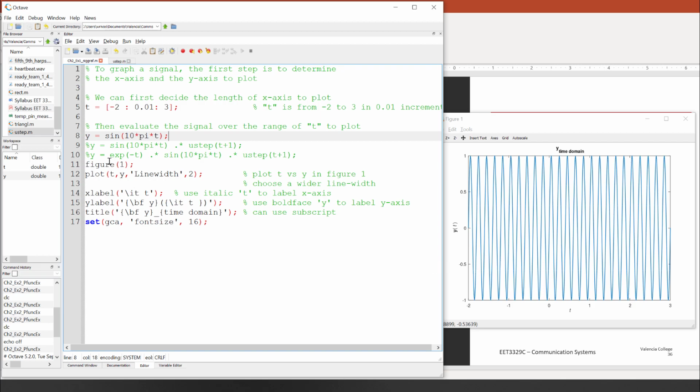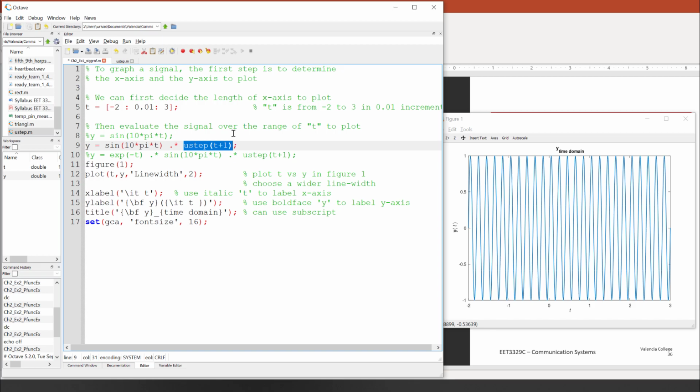Now, the next step is I am going to take the sinusoid that I created and multiply it by a time advanced unit step. Notice how I say t plus 1. This function is one that I created, and as long as you put it in the same directory as your active directory, it'll find it.